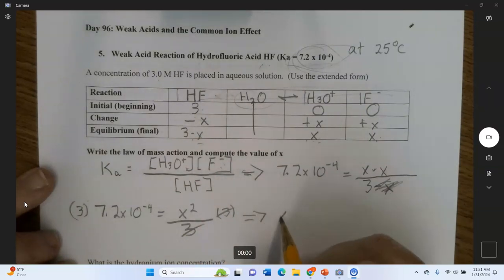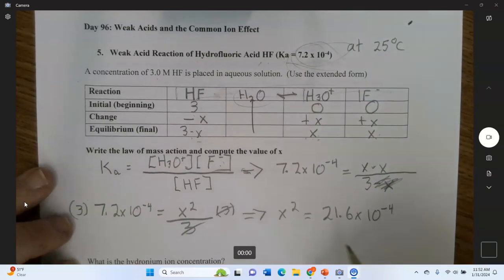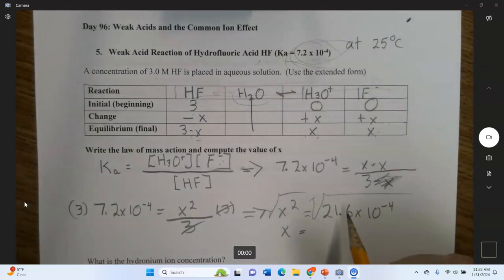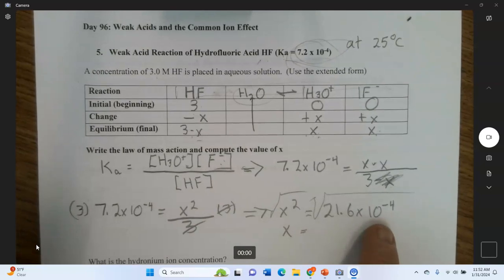And what we get is x squared. Now you need to take the square root of both sides to get x. Okay, so let's be sure you do that. You need the square root of 21.6 times 10 to the 4th.